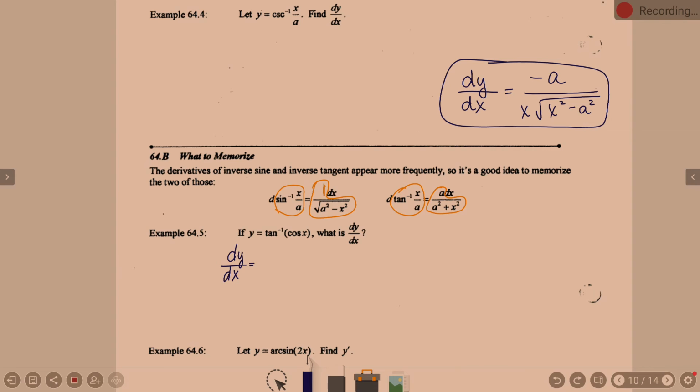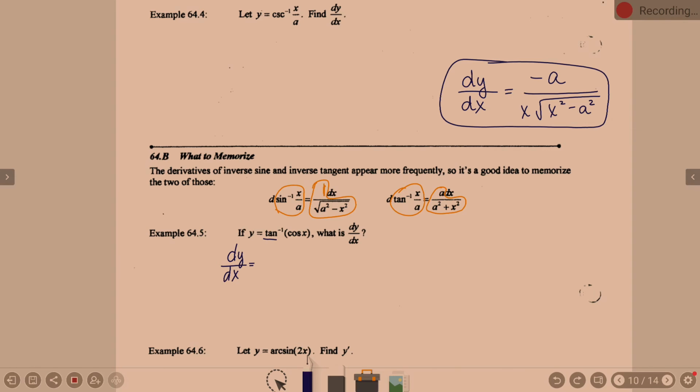Now, tangent inverse. What is our tangent inverse rule? Because tangent inverse is our function, right? Our tangent inverse rule is a over a squared plus x squared, which means we need to define what's in the a position, what's in the x position, right?